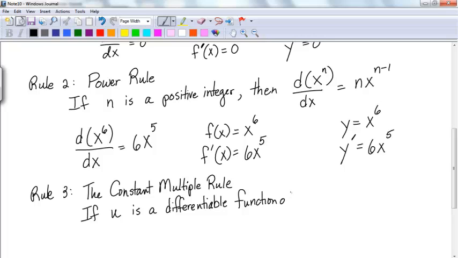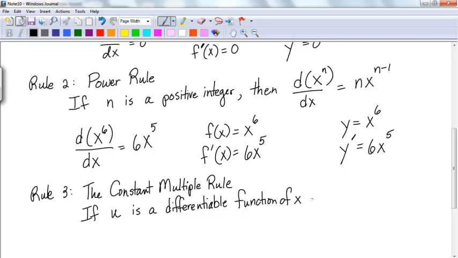Now you have to stop right there and say, what does that mean? If u is a differentiable function of x, that means you can find the derivative of it. That means there are no sharp corners, there are no discontinuities, there are no vertical tangents. The function has to be differentiable. That means you have to be able to find the derivative of it.